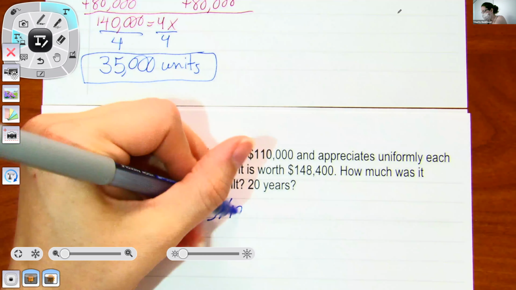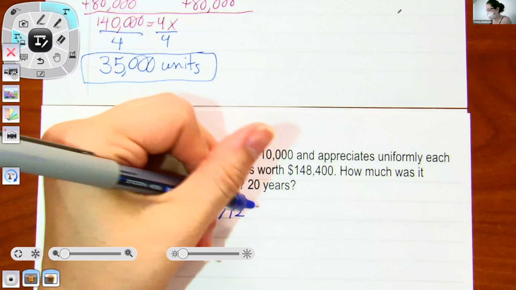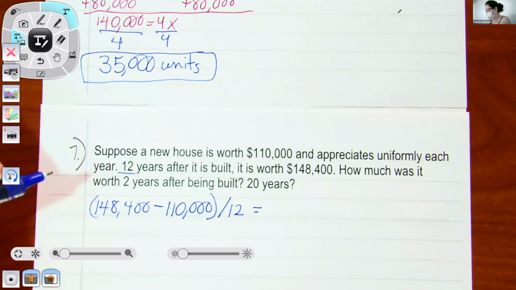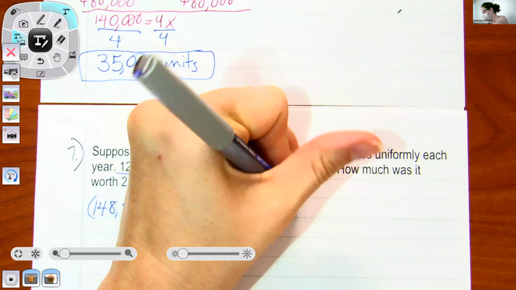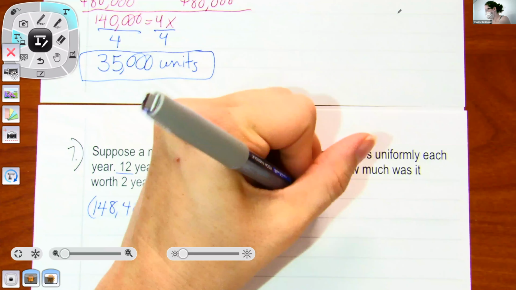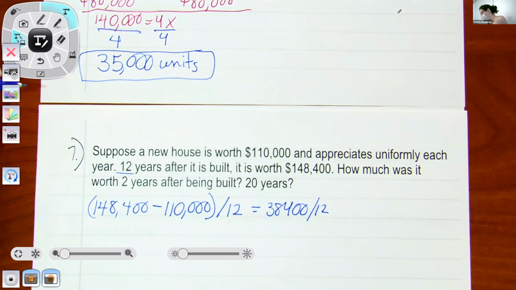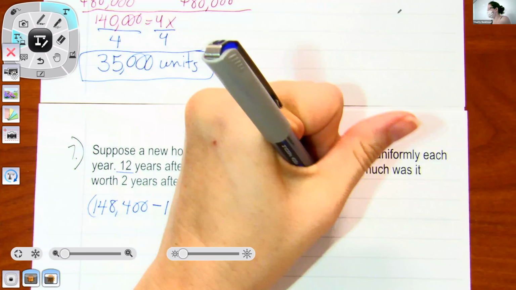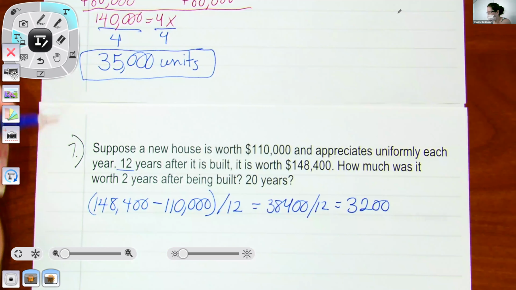And that will give us the amount it's increasing each year. That's 3,200. So it's increasing by $3,200 each year. So how much was it worth 2 years after being built or 20 years after being built?